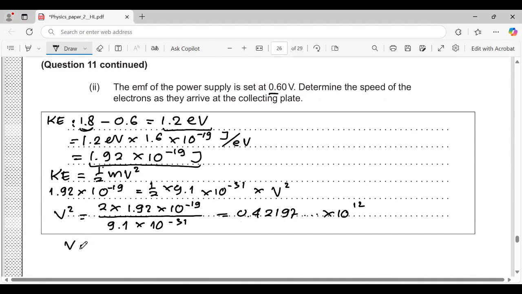So v equals the square root of this number, 0.4219 times 10 power 12.